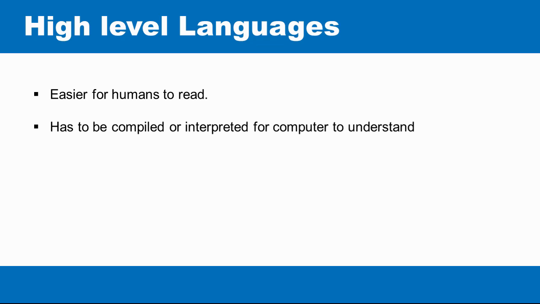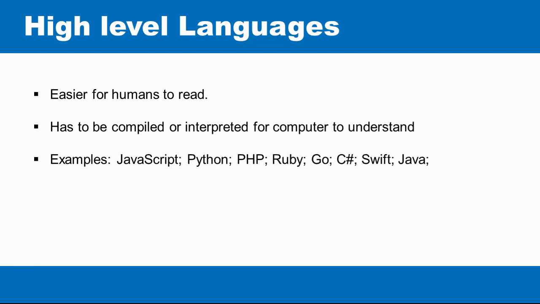If a language is compiled, that means the entire program has to be compiled, maybe into an executable. Then you run the executable before you actually see the output. So there's a difference between a language that is compiled or interpreted. Either way, some high-level languages have to be interpreted while some have to be compiled before the computer can understand what you are asking it to do.